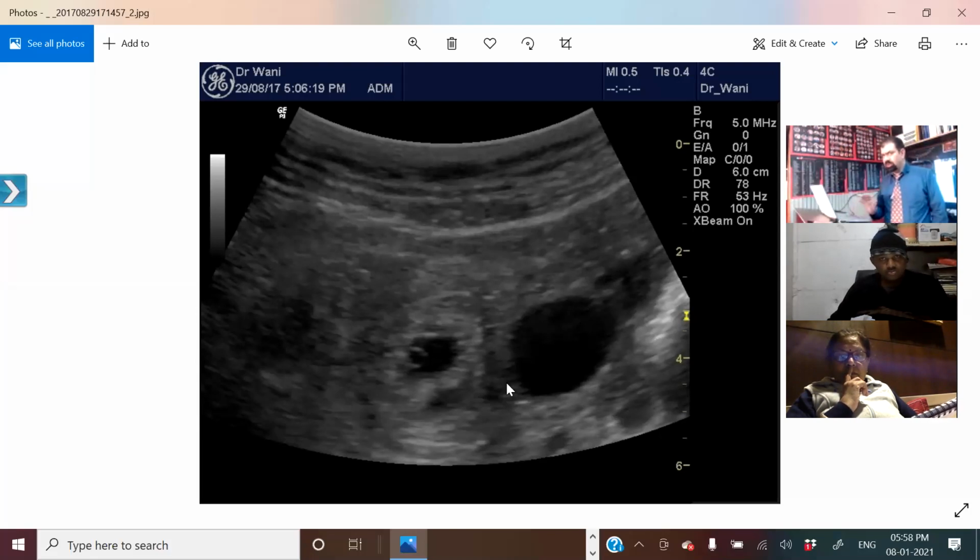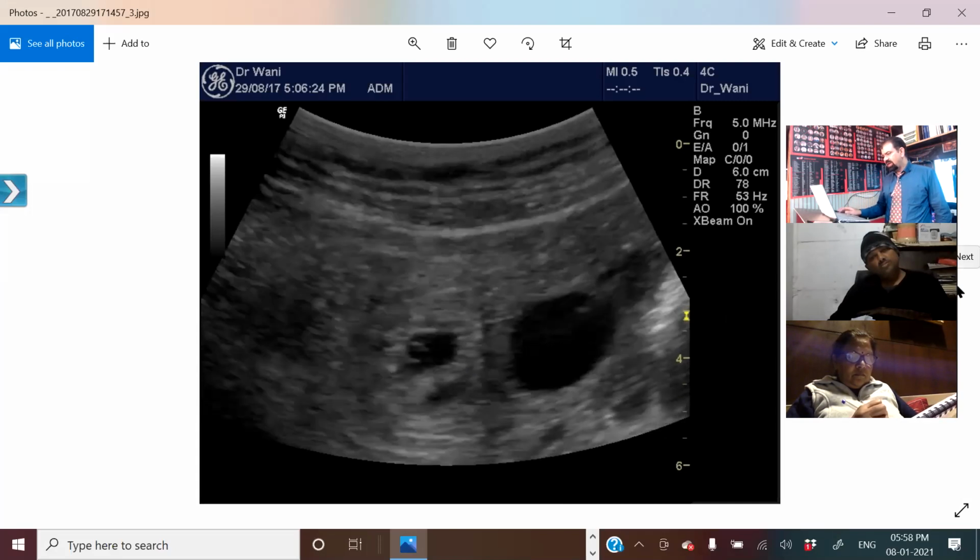I told you in the class that if you see two cystic structures on one side only, on the right or on the left side, then one has to be a corpus luteum and the other has to be an ectopic gestational sac. The corpus luteum is nothing but a left behind ruptured follicle. So if I see two cystic structures on the same side, then I am dealing with an ectopic gestation.